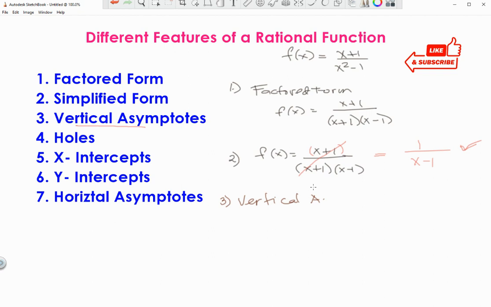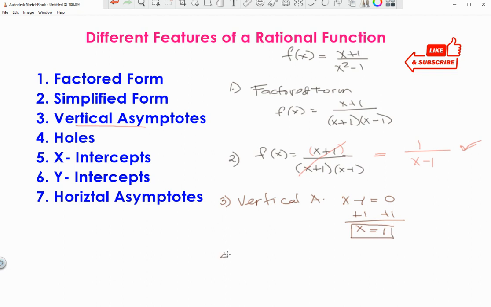You just look at the leftover denominator, x minus 1. You equate this to 0 and solve for x. Plus 1 plus 1, so therefore x equals 1. This is the vertical asymptote, okay?